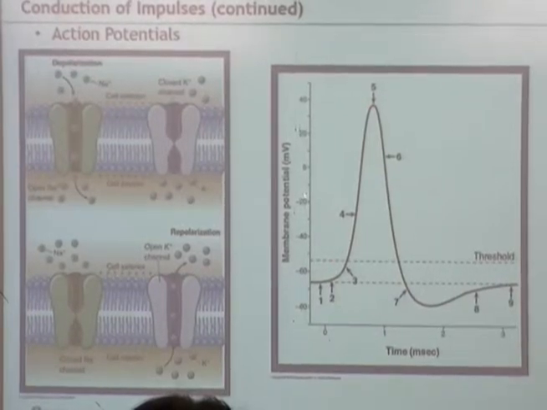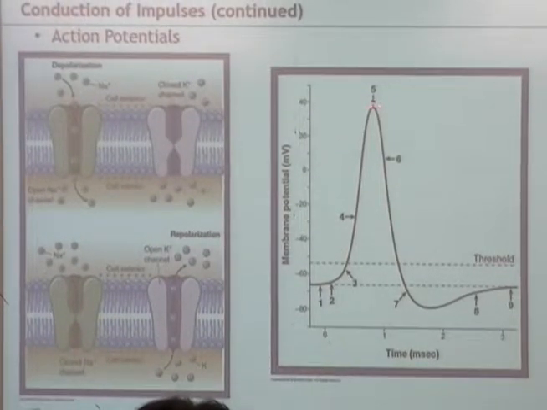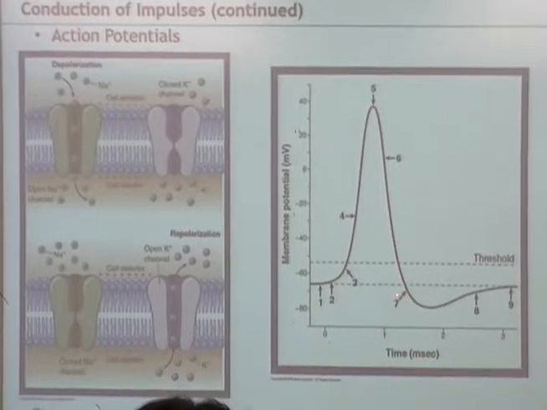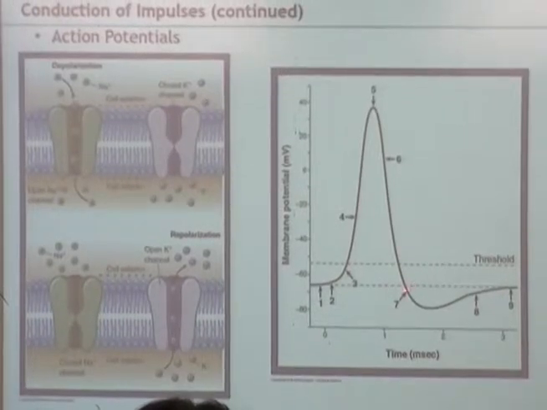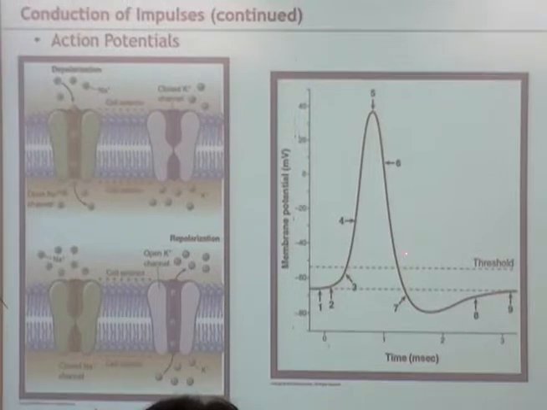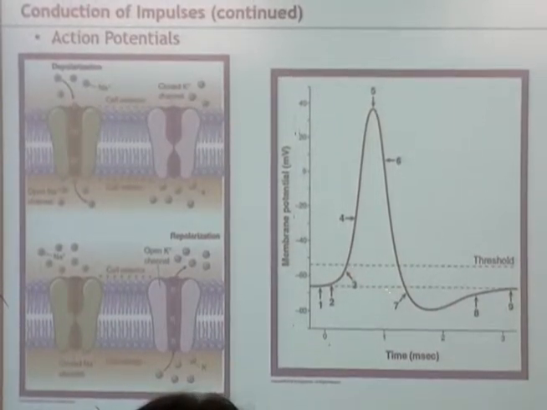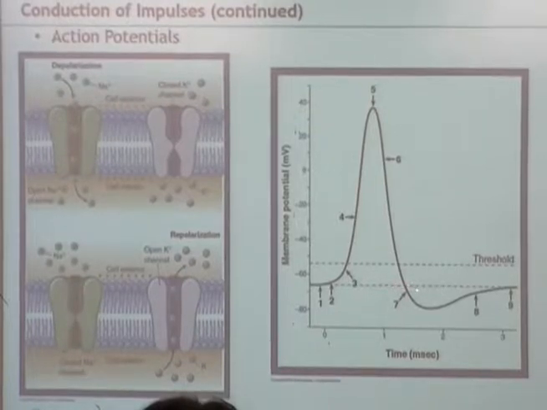Look at this timeline. Very rapid. And then we close the sodium and open the potassium, and we see it drop back down again. So we change the charge again. And actually, when we repolarize, it hyperpolarizes, so it goes even lower than it was at rest.